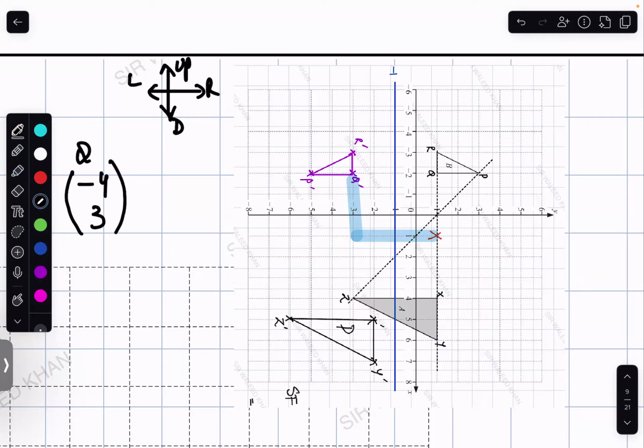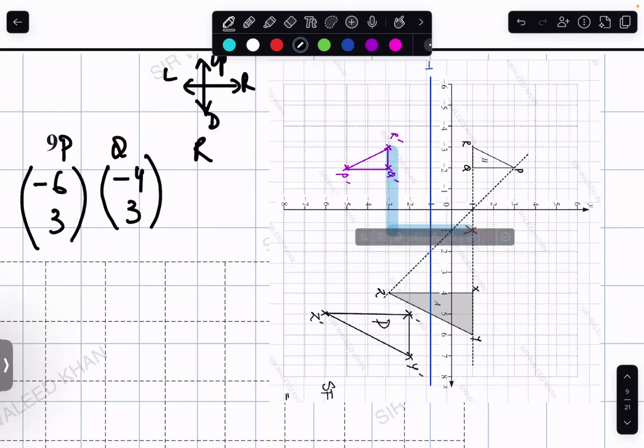And R is -4 and 1, 2, 3, 4. See? -4, +4. That is your R. Okay, you have to note down these points.